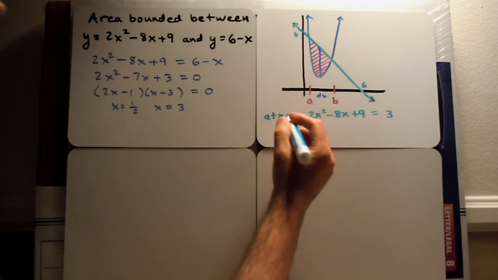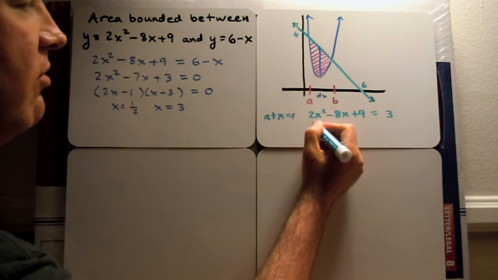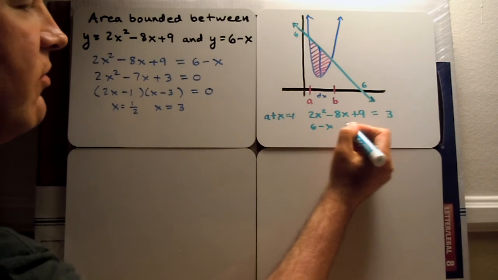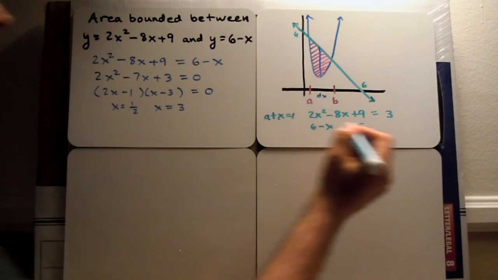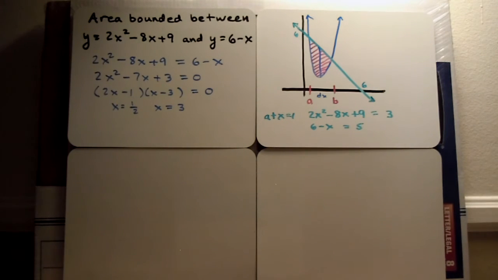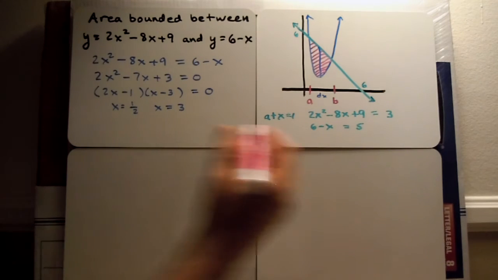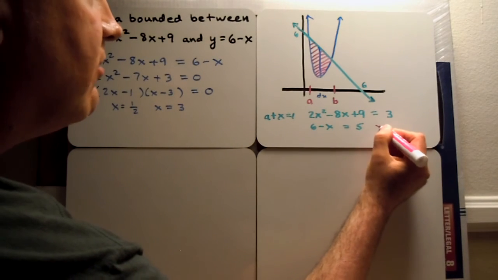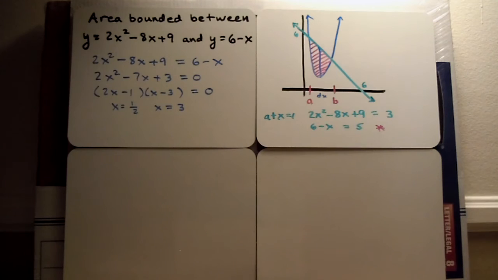And then substituting 1 into 6 minus x, we're going to get 5. So in between those, we're shown that 6 minus x is the larger of the two, just by testing a value somewhere within that interval.